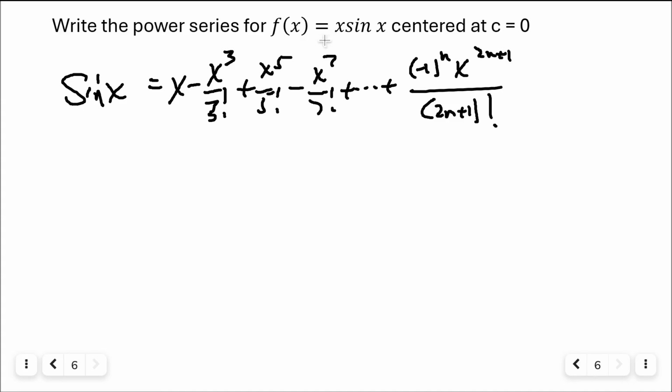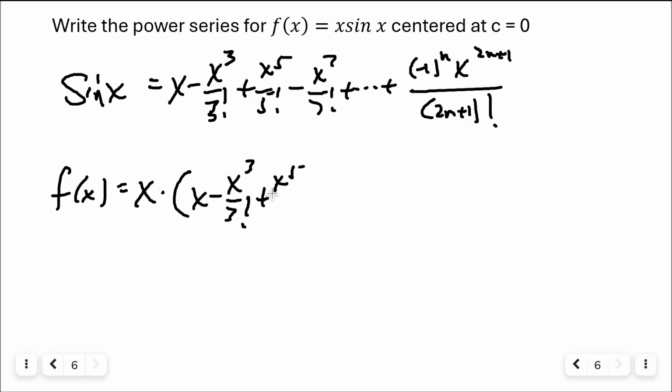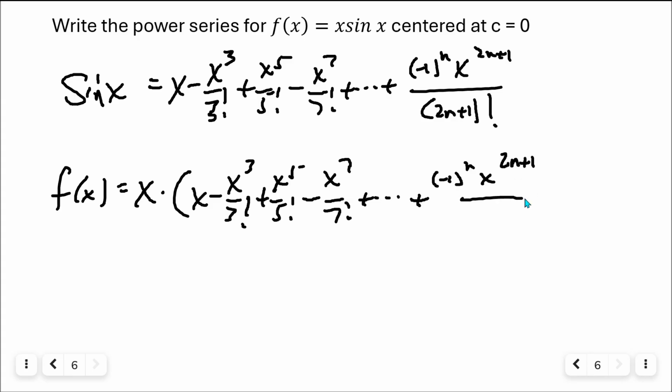So what do I want to do? I want to take x and multiply it by the terms in this series. So I want to take x and multiply by x minus x cubed over 3 factorial plus x to the 5th over 5 factorial minus x to the 7th over 7 factorial, negative 1 to the n, x to the 2n plus 1 over 2n plus 1 factorial.